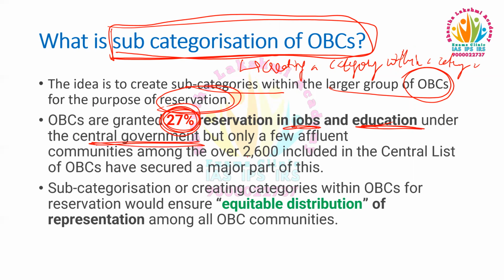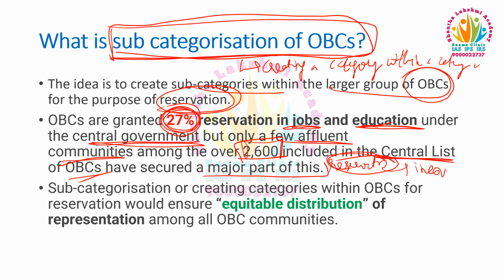And among the 2600 central list of OBCs, only a few affluent communities have secured a major part of this reservation. So there is inequitable representation of these communities.